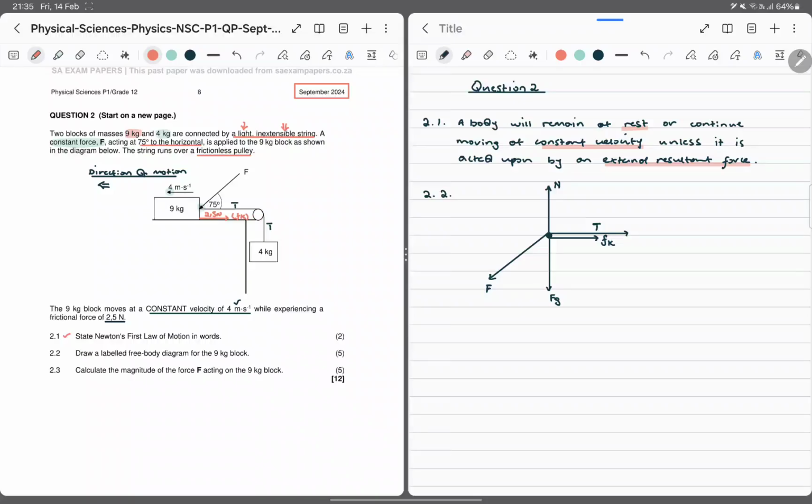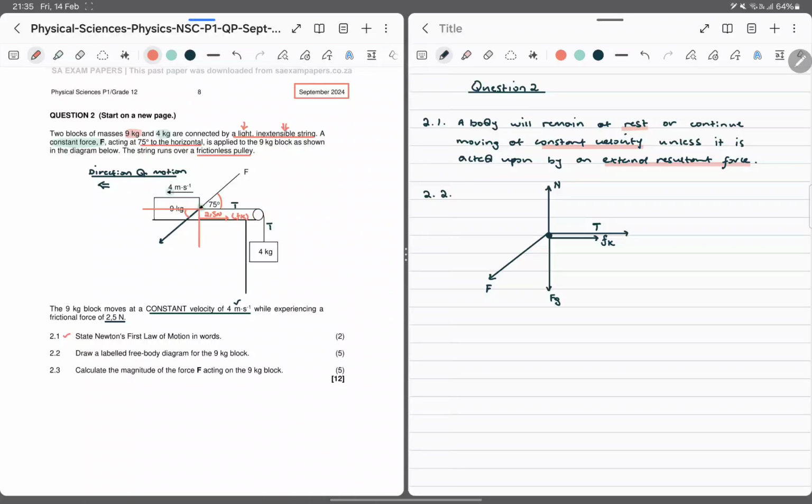Now, do we need to worry about the angle? Maybe. If we just work on the diagram a bit, we will see that if we extend this force right on its direction, and then we extend the horizontal as well, across like that, we'll appreciate that this angle will be equal to that angle. These are vertically opposite angles. Now, when we consider the weight, we're going to look at this force as acting at the center of this object.